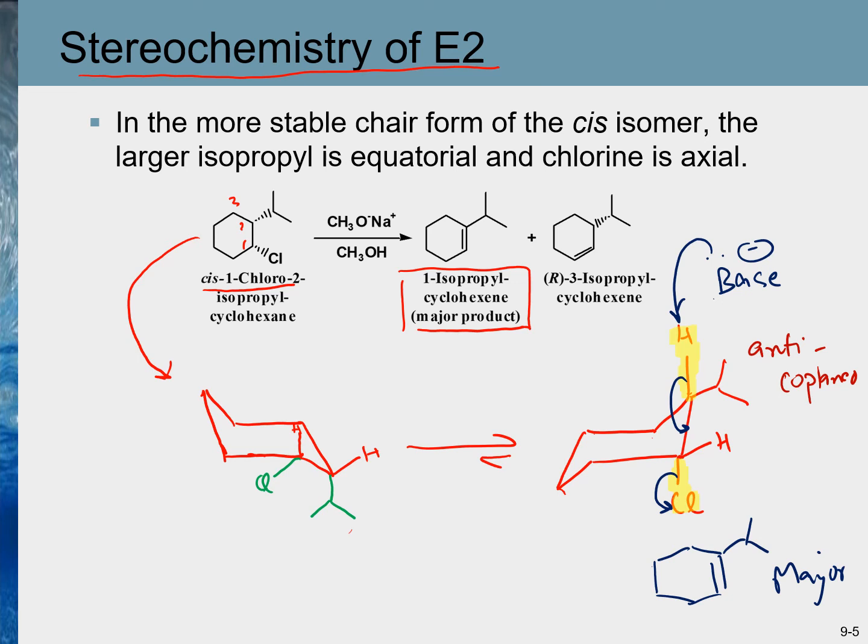On the other hand, this is less stable chair. In less stable chair, the chloro here does not have any coplanar anti position on that side, so therefore elimination does not take place. So now that's how we can predict that the major product will be more substituted.